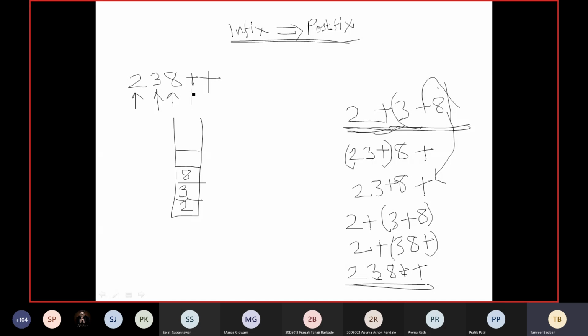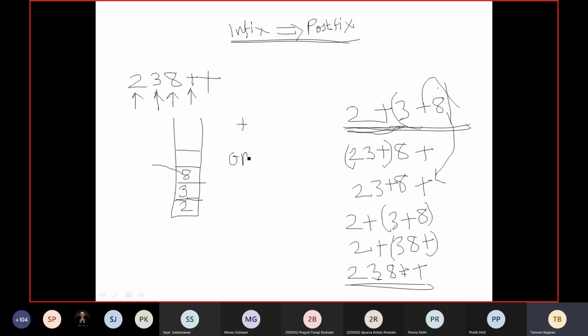Now after 8, what you read is plus. Plus is an operator. So whenever you read the plus operator or any operator, you perform the pop operation 2 times. When you perform the pop operation one time, this 8 is taken in one operand.